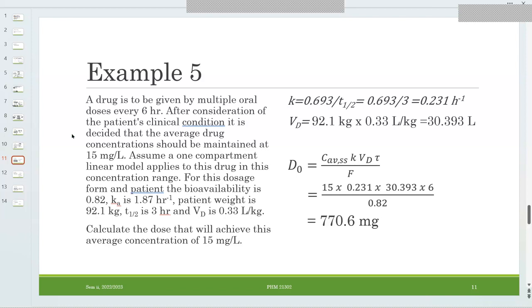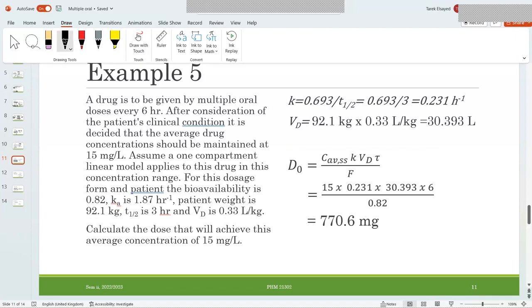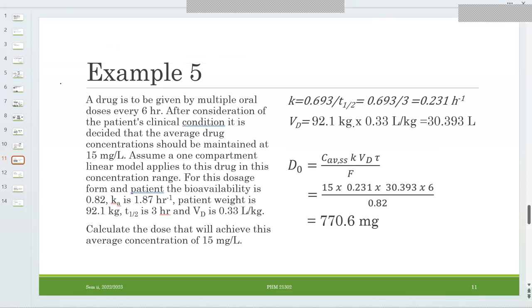So same equation, just rearrangement. The rearrangement will give you dose equal to average steady state times K Vd tau divided by F. This equation is very commonly used during the clinical pharmacokinetics course when you calculate the dose of oral dosage forms, or drugs taken by the oral route.